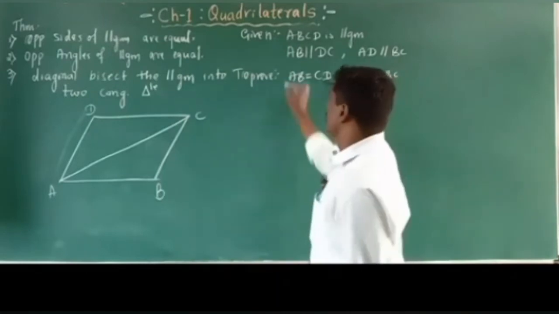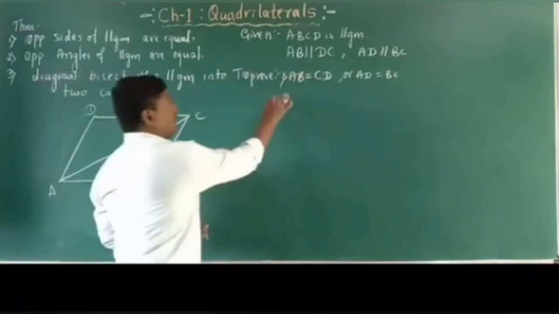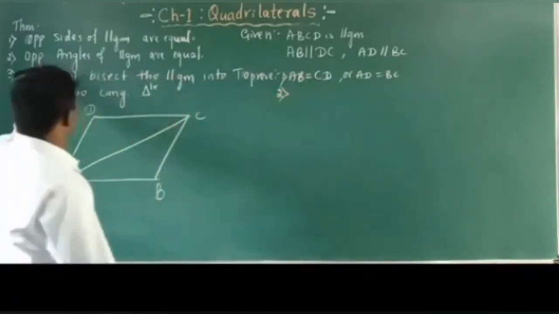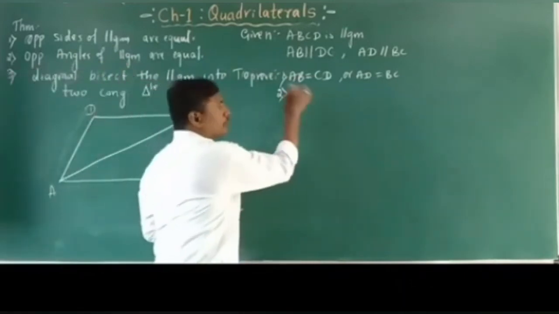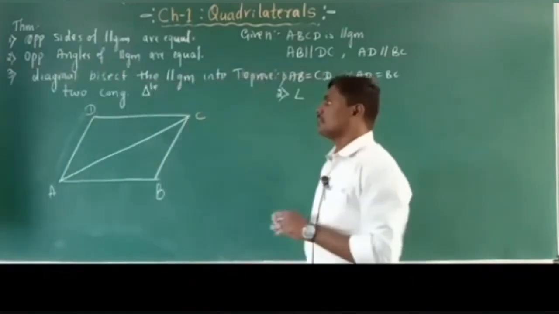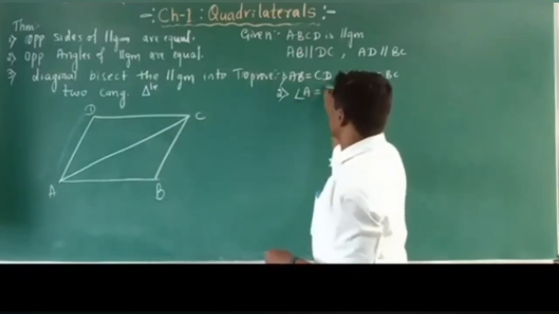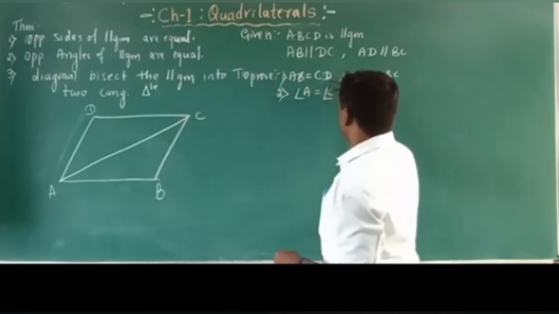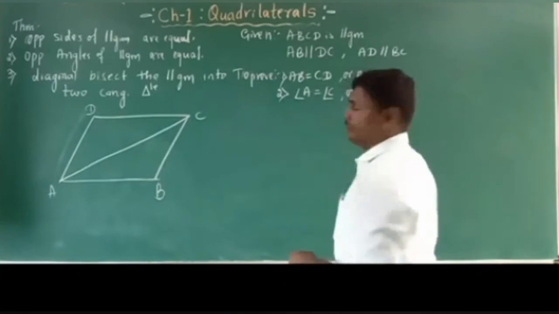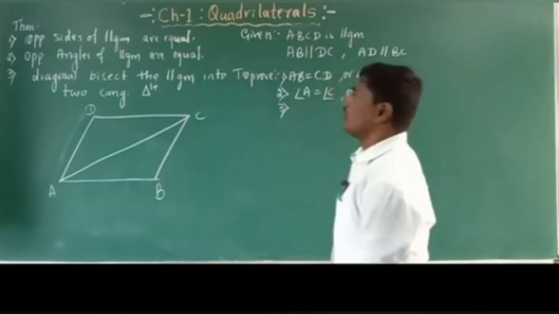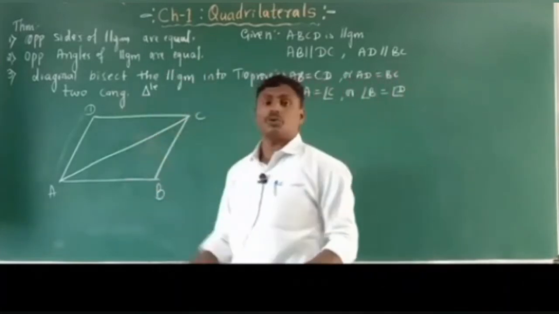Second, opposite angles of the parallelogram are equal: angle A is equal to angle C, and angle B is equal to angle D. Third, the diagonal bisects the parallelogram into two congruent triangles.